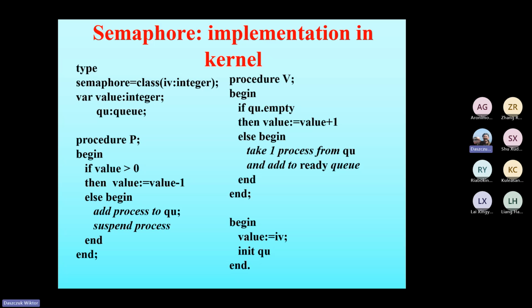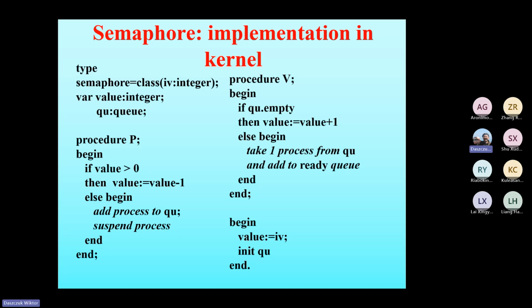And this is a queue. This queue is a queue of process descriptors. Simply, every process that wants to perform P on a semaphore that is equal to 0 is entered into this queue and waits until this operation can be performed.